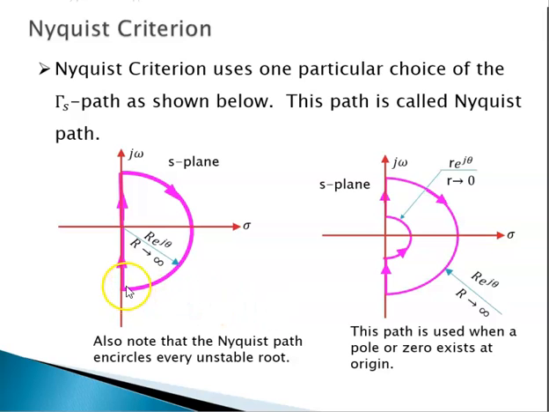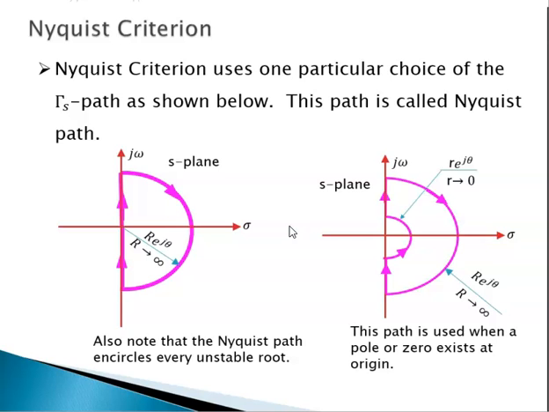So corresponding to each point on this Nyquist path, we consider S1, S2, S3, and so on, maybe 1000 points on this Nyquist path, either this or this. Corresponding to each point, you compute delta S1, delta S2 and so on, and then you plot it on another graph sheet.